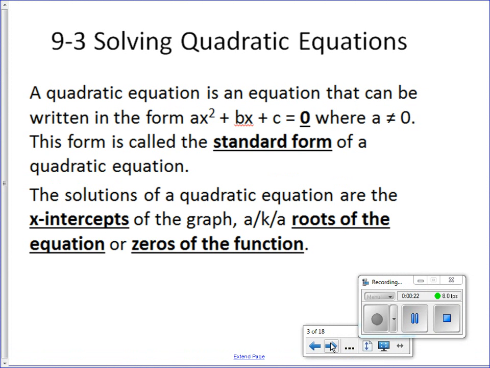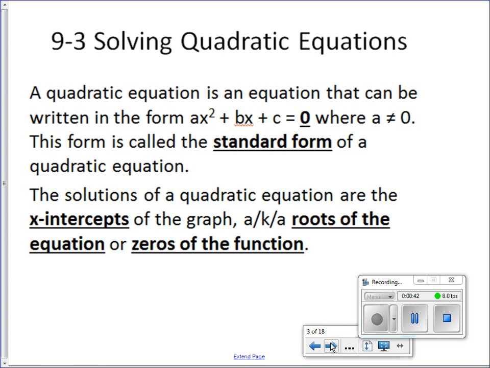A quadratic equation is an equation that can be written in the form ax squared plus bx plus c equals 0, where a is not equal to 0. This form is called the standard form of a quadratic equation.